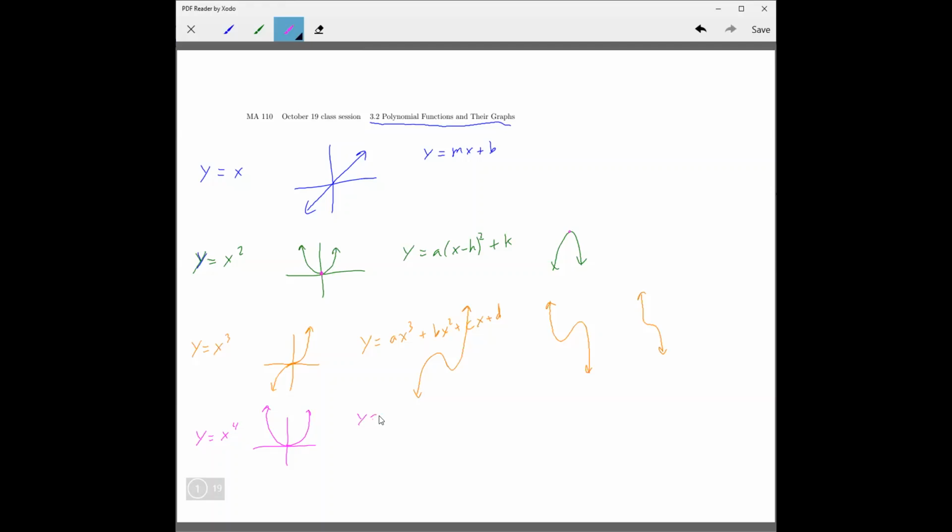but the more general kind of case is you could have something like this. It could go like that and then down like that, or it could be like this and up like that. That could be another shape that it could take on.